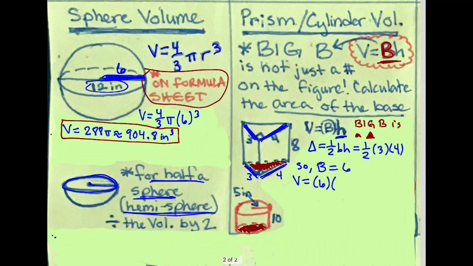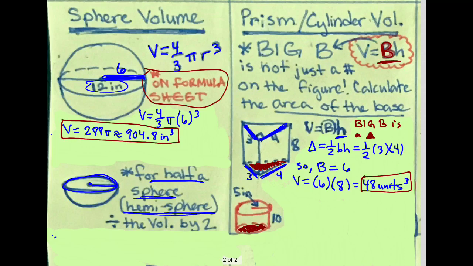The height of the entire prism is 8, and that's going to equal 48 units, because we don't really have any inches or anything on this one, units cubed. So whatever the units are, we cube. That is our final answer for the volume of our prism.